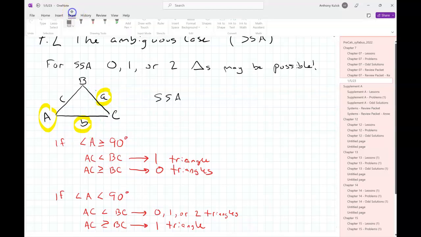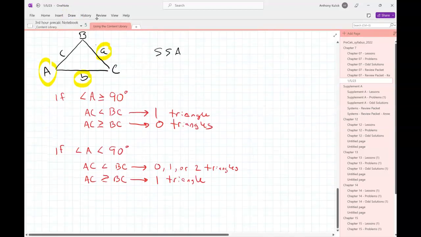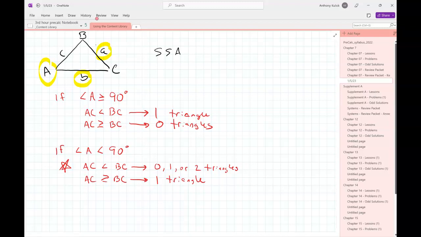So let's take a look at this situation in particular. This particular situation in the SSA case is the ambiguous case, right? Because just from the given information, you don't know what's going on. All the other situations, just by looking at your givens, you know how many triangles you're going to get, either 0 or 1. But here, it's not always entirely clear.